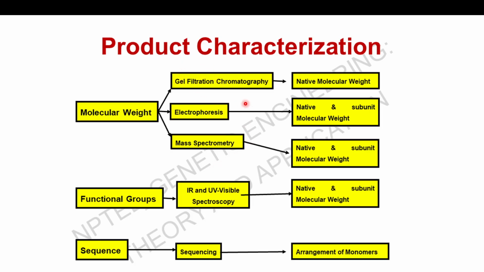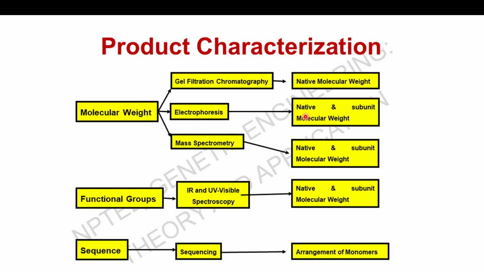So from gel filtration chromatography, one can have an idea about the native molecular weight of the protein in question, or the biomolecular macromolecule of interest. From electrophoresis, one can have the native molecular weight and also the subunit molecular weight as well. Suppose in native conditions, something exists as a dimer.